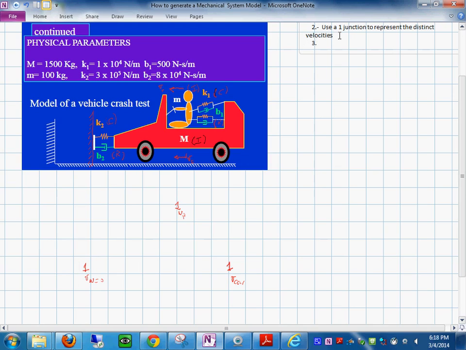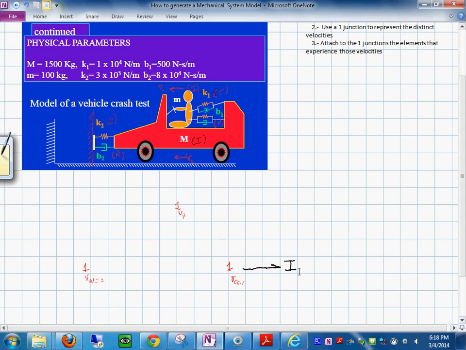If you go to step number 3, step number 3 would be: attach to the one junctions the elements that experience those velocities. Very good. Let's change our pen color. Here's the velocity of the car, so I'm going to attach the car right there.